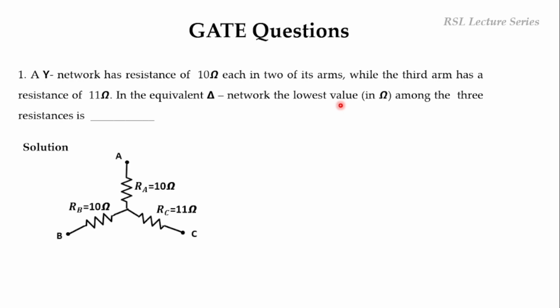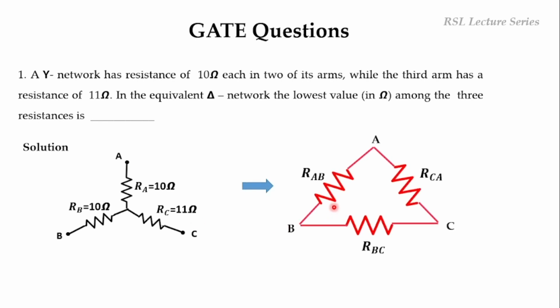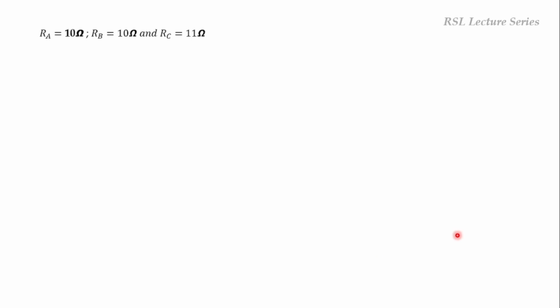First, we have to convert the star into delta. So here RA is 10 ohms, RB is 10 and RC is 11 ohms. We have to convert them into the delta equivalent, RAB, RBC and RCA. Let us write the given data: RA 10 ohms, RB 10 ohms and RC 11 ohms.